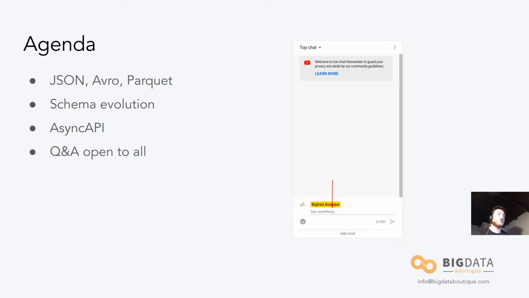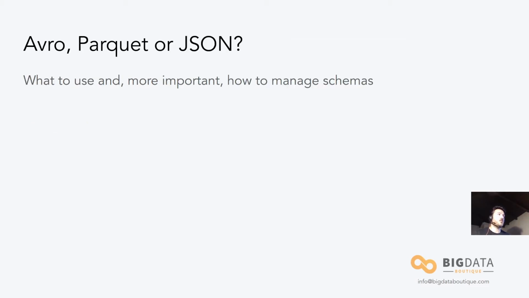And then we are going to comment on AsyncAPI as a solution to organize and implement better schema management in event streaming architectures. So let's start by introducing Avro, Parquet, and JSON, and why they are so important.